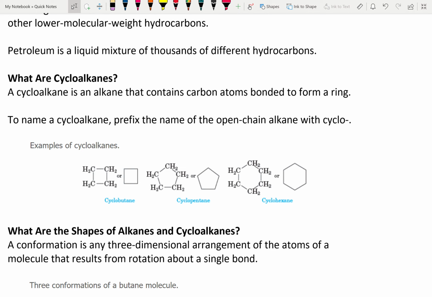So if we have 4 carbons bonded to form a square shape, that is called a cyclobutane. And then the 5 is cyclopentane. So cyclo means we have a circular formation, right? And then if you have 6 carbons, that is cyclohexane.